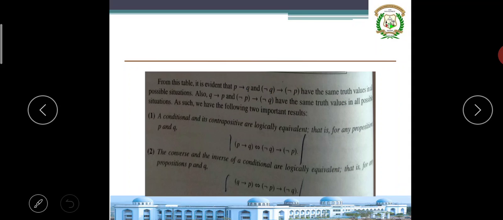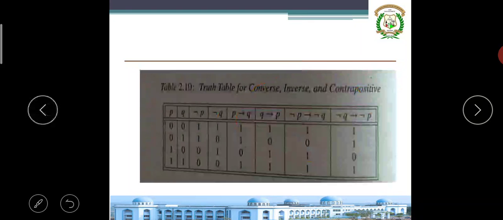The conditional p implies q and its contrapositive minus q implies minus p are logically equivalent. P implies q is equivalent to minus q implies minus p.